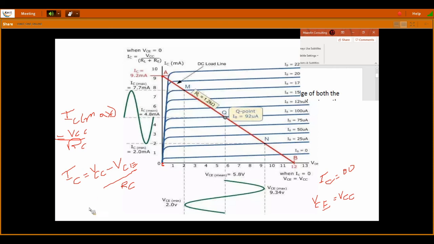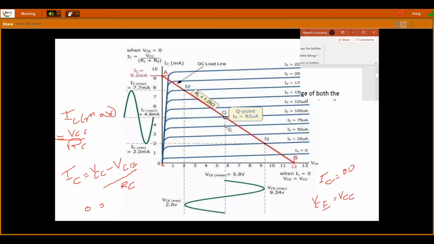So IC becomes 0 whenever VCE is equal to VCC. So we have put another node, B, on the x-axis with IC equal to 0 and VCE approximately equal to VCC. If I join these two nodes, then we would have a load line.